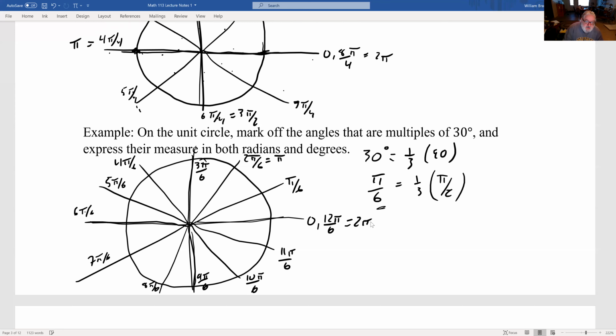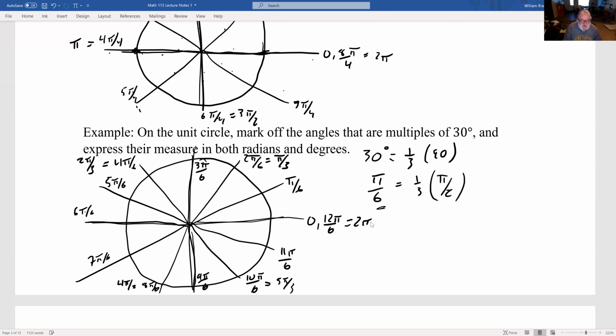This is pi over 3. This is 4 pi over 6, which is 2 pi over 3. 8 pi over 6 is 4 pi over 3, and 10 pi over 6 is 5 pi over 3.